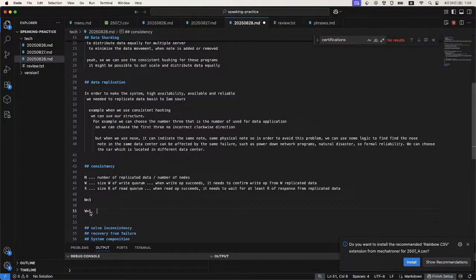And when W is 1, it needs to confirm the write operation from 1 replicated data. So the coordinator requests 3 write operations, but it's okay to confirm 1 write operation.